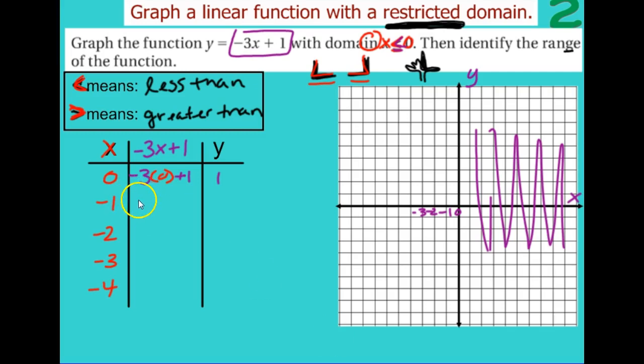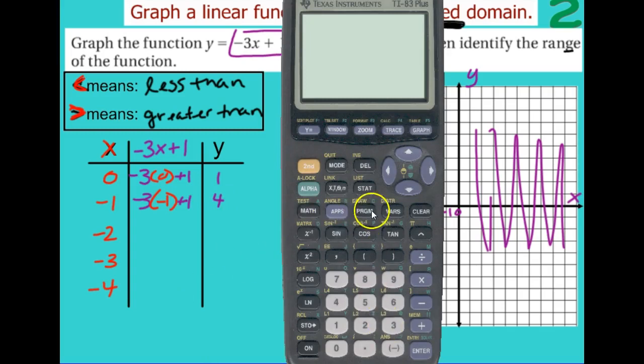Then we're going to plug in a -1. -3 times -1, and then we're going to add 1. Well, a negative times a negative makes a positive. 3 times 1 is just 3, and 3 plus 1 is 4. If you want to use your calculator, you can. We would type in -3 times -1, and then plus 1. We got 4.